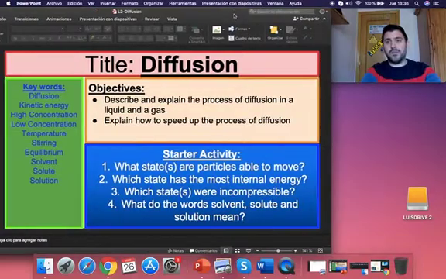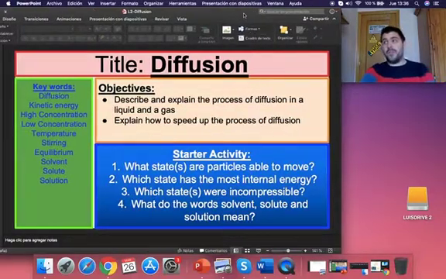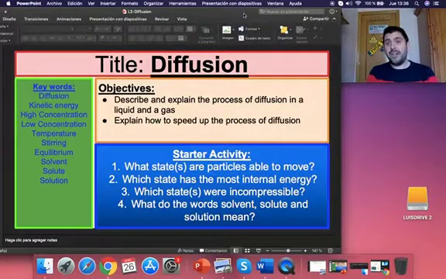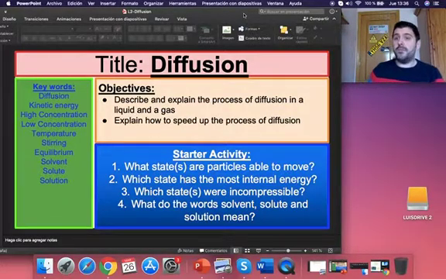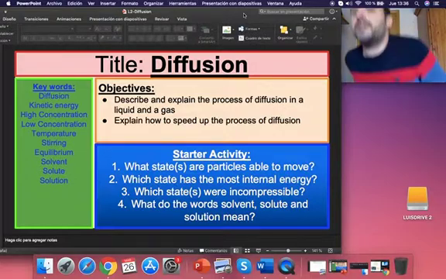Okay, what's the meaning of diffusion? So the first thing: diffusion is the movement of a substance from high to low concentration in order to reach an equilibrium. Okay, one example of that is when you add perfume.